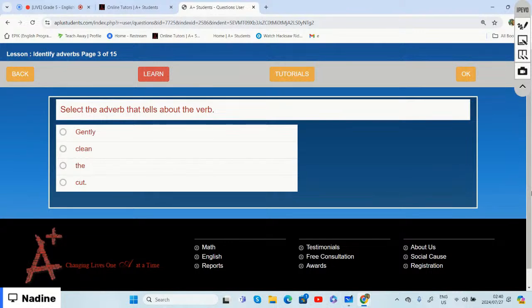So it says gently clean the cut. Now the question is, how are you going to clean the cut? If you need to clean somebody's cut or wound, are you going to be gentle or extremely rough?